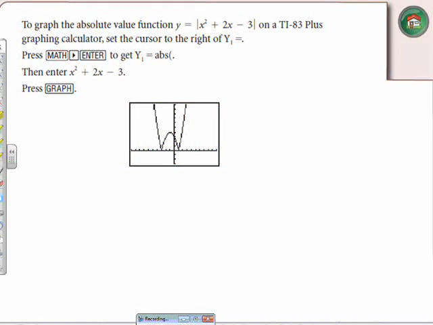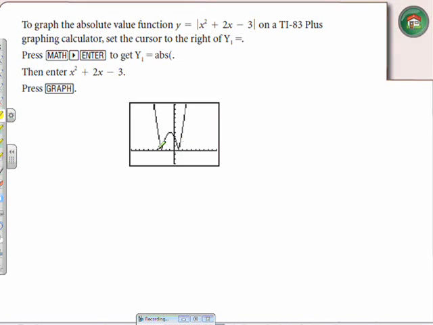I know you've all been wanting to know, how do I use my calculator to do this? I don't want to use a table of values all the time. Yeah, you're right. We don't want to use a table of values all the time. So you have an absolute value feature on your calculator. Again, let's graph this one, see what it looks like. And I want you to actually go through and graph it yourself so you can make sure that you can get a shape that looks like this.